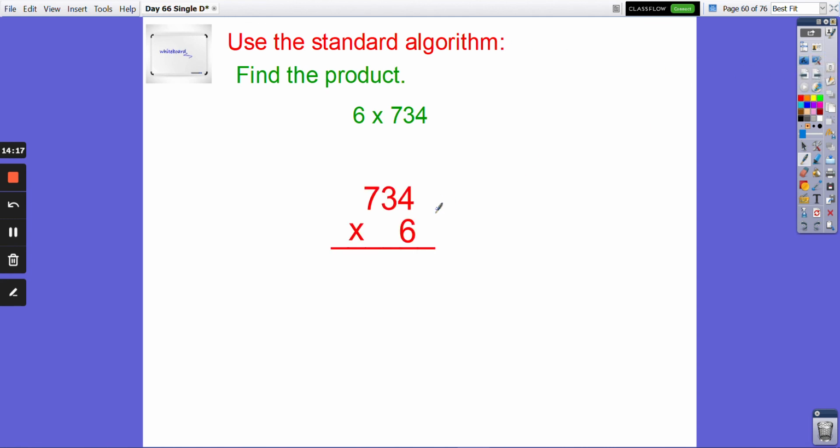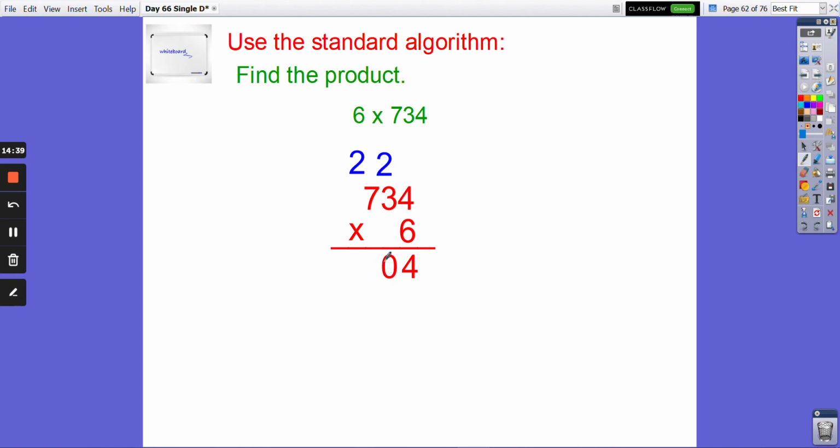Alrighty, here we go. 6 times 4 gives me 24. Notice how the last digit is written below, the first digit is written above. 6 times 3 is 18, so I have 18 tens plus 2 tens, which gives me 20 tens. But we're not going to write the whole 20 down here.